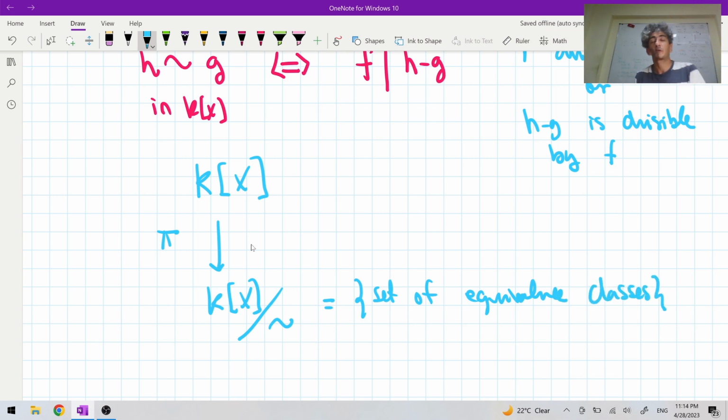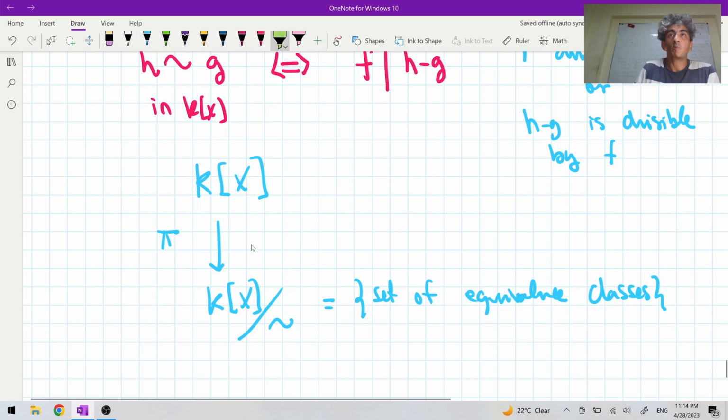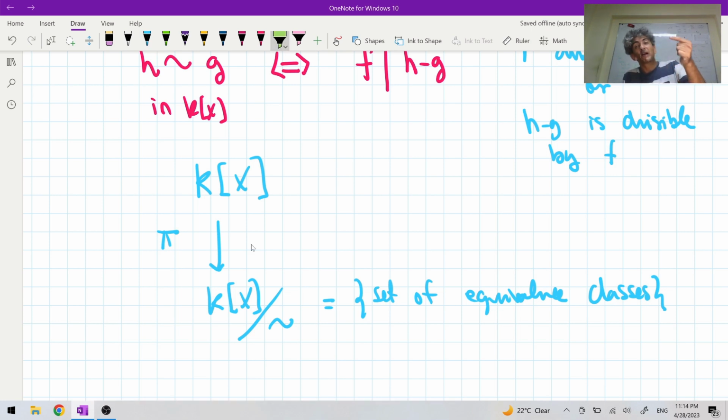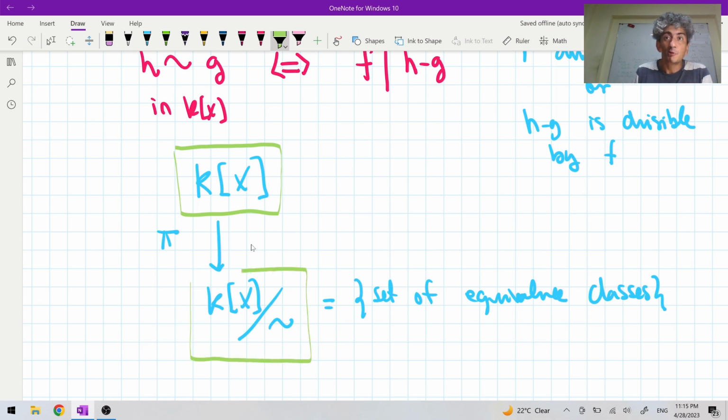Okay, and we have seen in a different video that whenever we have a projection to the set of the equivalence classes, sometimes when the initial object has structure, we can shift that structure to the quotient by simply translating the structure.